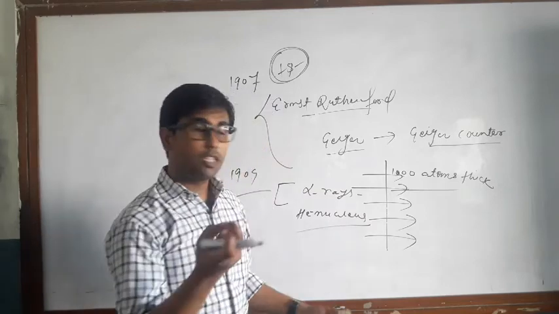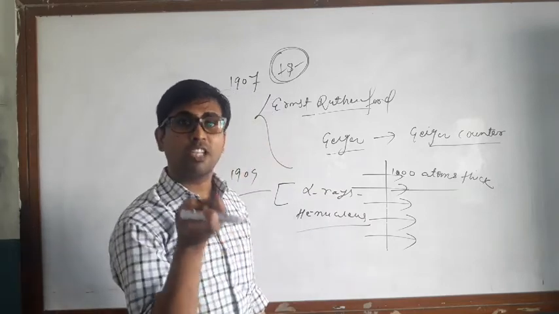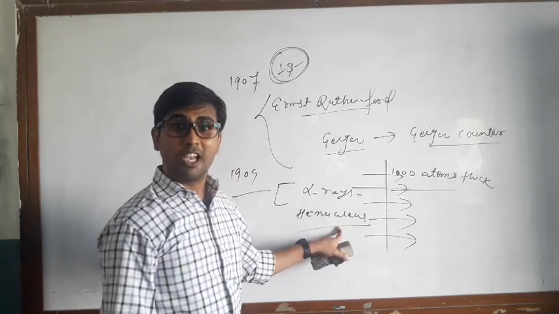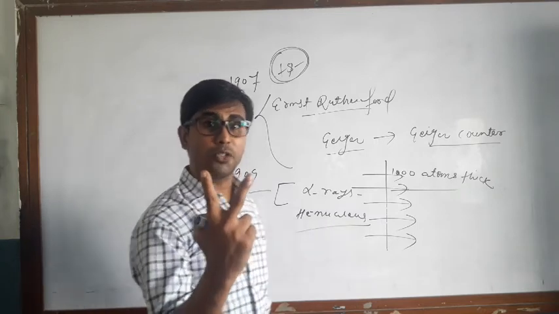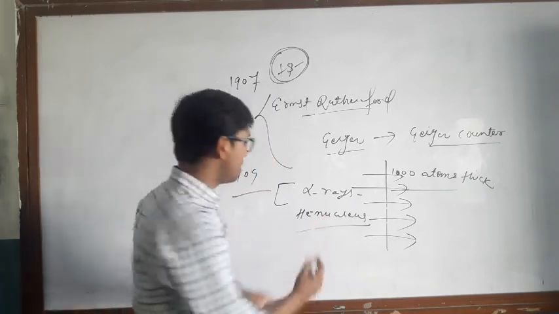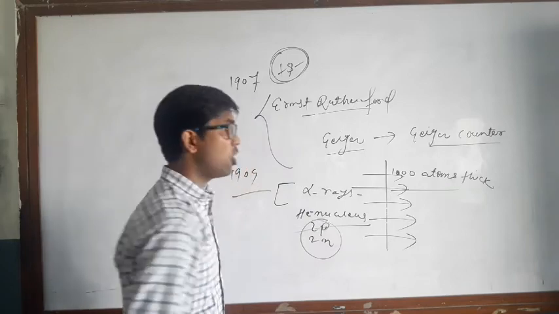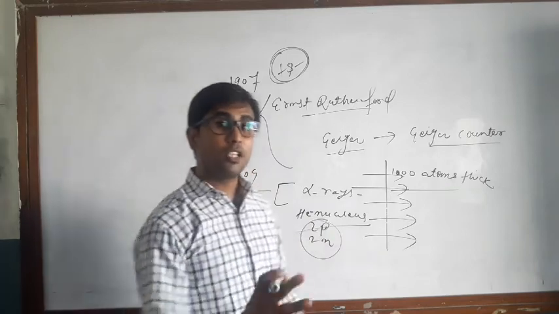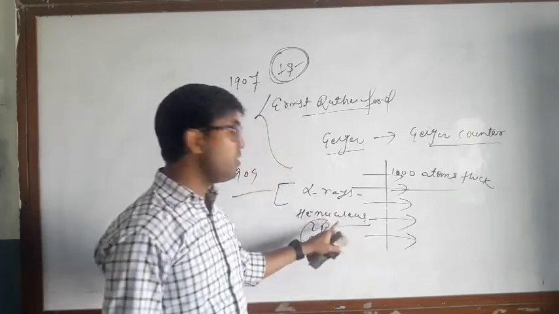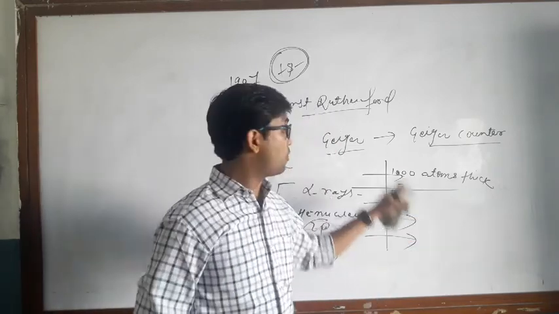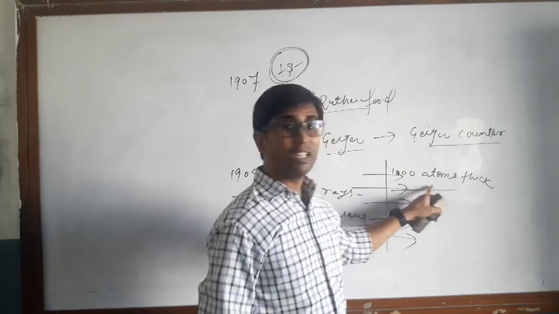And these are not photons, these are not electrons, these are very heavy helium nuclei. Helium nuclei which have 2 protons and 2 neutrons in a single nucleus. So think of a very heavy helium nucleus which is traveling and passing out from a sheet which is already 1000 atoms thick.